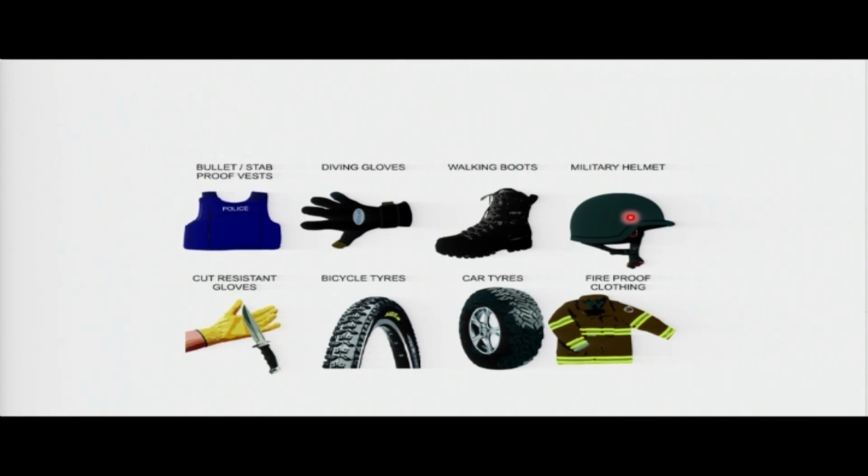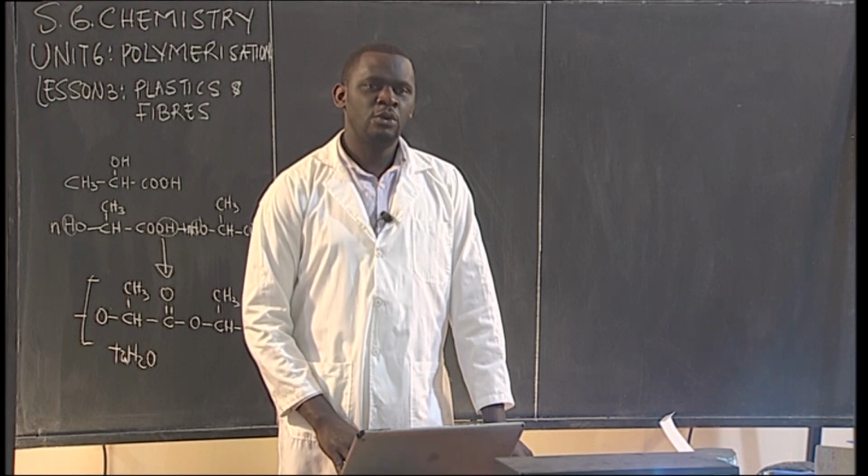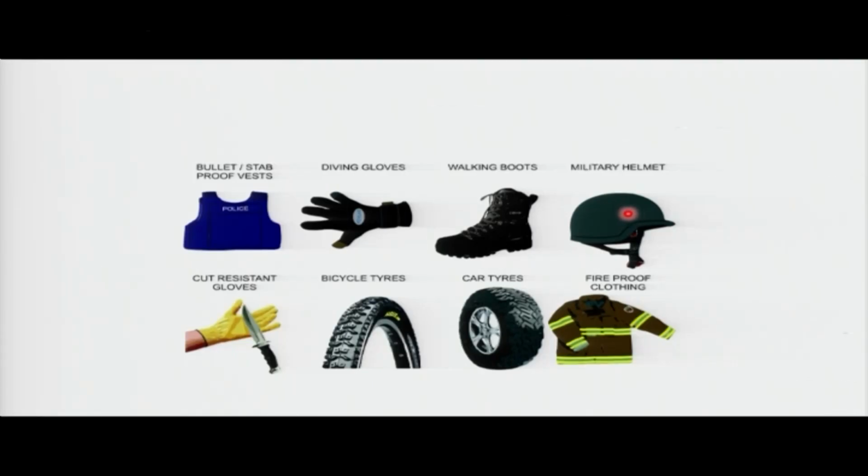So they can protect the military people, the policemen or the soldiers, especially from, for example, gunshots. So we have these cut-resistant gloves. Here they are trying to show you that you try to cut with a knife, but it cannot be cut through. Even the heat cannot easily go through. It cannot be easily burnt by fire. So especially they are made out of Kevlar.